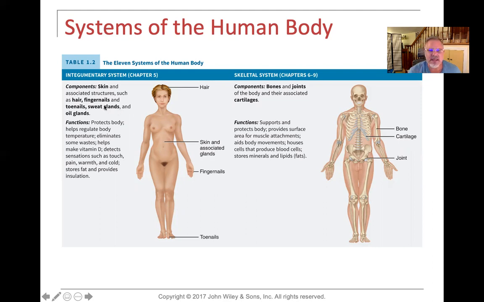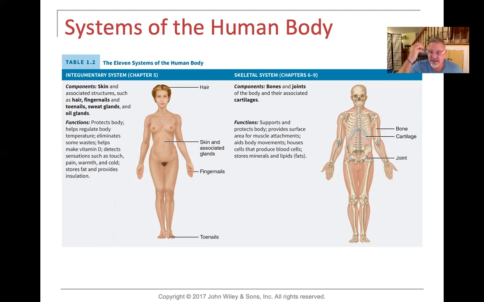And when you think of the integument, primarily the skin, it's designed to protect the body. It helps to regulate temperature. It helps to eliminate waste products from inside the body to out, just like sweating. Okay. It helps to remove toxins. The skin is involved in helping us produce vitamin D, right?